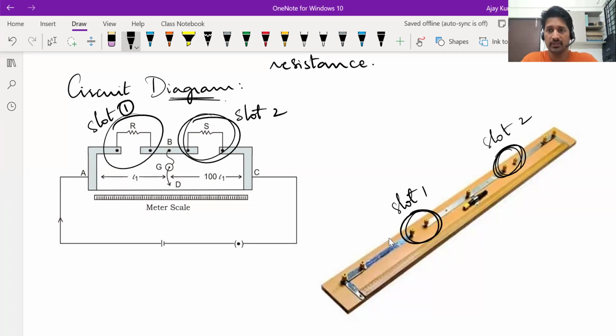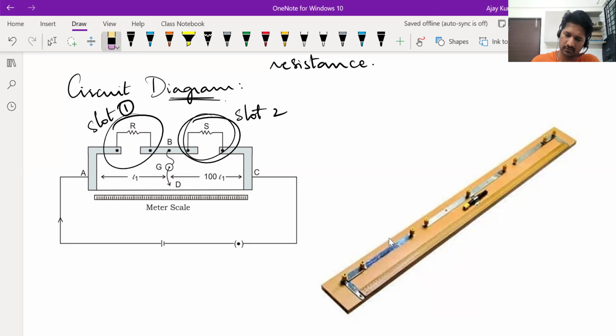Now in one of these slots, we connect a known resistance. We need to have one known resistance. And in the other slot, the wire or the box whose resistance you have to measure will be connected. So in the actual photograph, in the first slot, by connecting wires, you will connect a resistance box here, whose resistance is known.